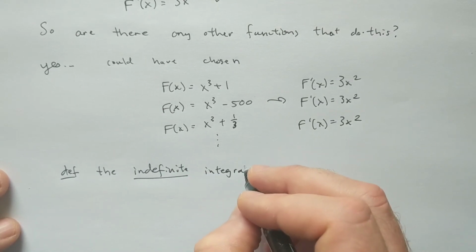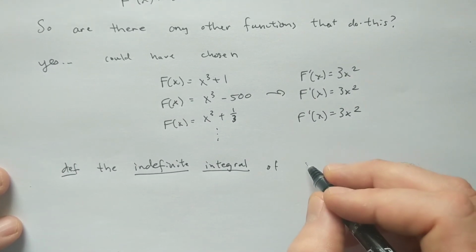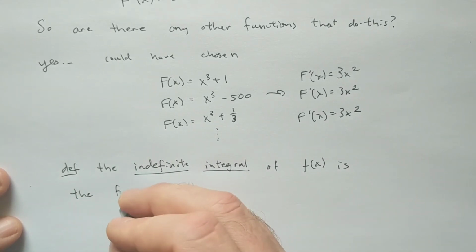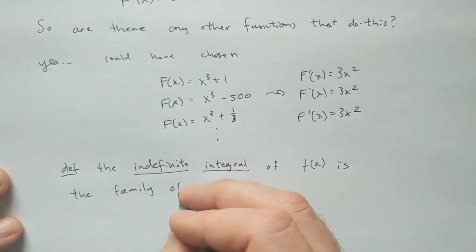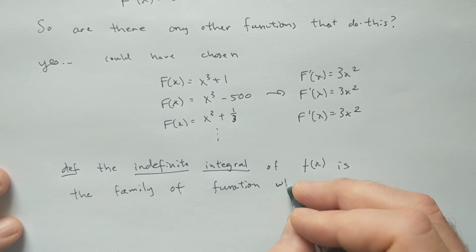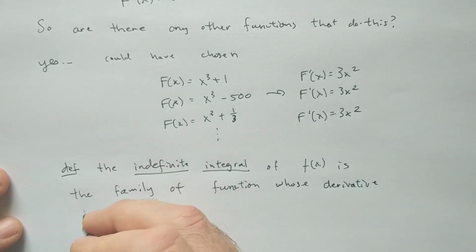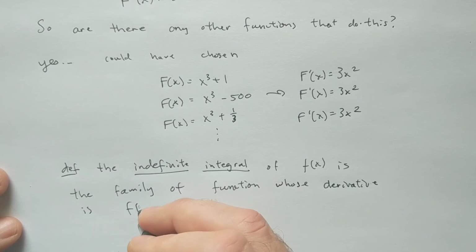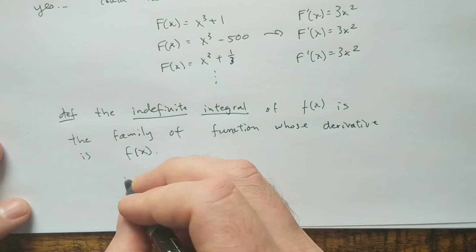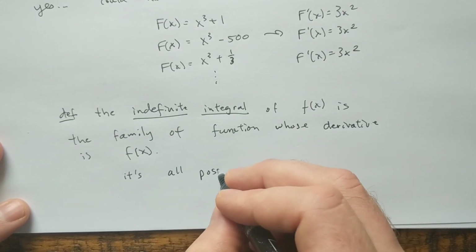The indefinite integral of f of x is the family of functions whose derivative is f of x. Another way we can think about this is that it's all possible antiderivatives.